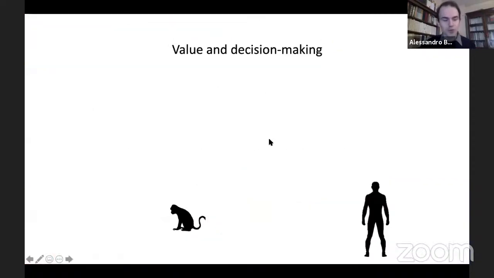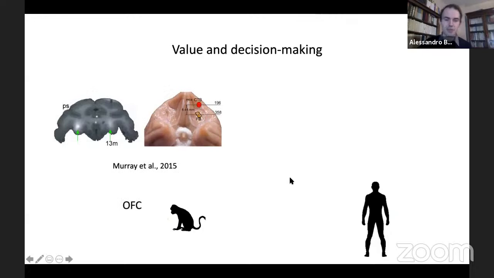We also want to bridge the knowledge that we have that comes from the neuroscience of value-based decision-making in the monkey and in the human, because you probably are aware that people studying value-based decisions in monkeys have generally focused on the orbitofrontal cortex.